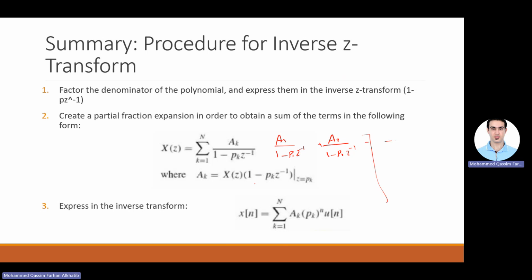Then find the coefficients A1, A2, etc. Your output will then be A1 p1^n, A2 p2^n, and so on. So the main target is to find these coefficients.